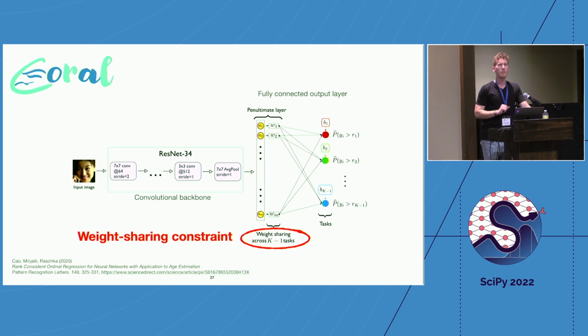For Corn, I think you should have the identical number of parameters. The only difference is really the loss function and these conditional training subsets that we have. So Corn has the same complexity in terms of the number of parameters, and Coral has slightly fewer parameters, depending on how big the output layer is, because of this weight sharing constraint.